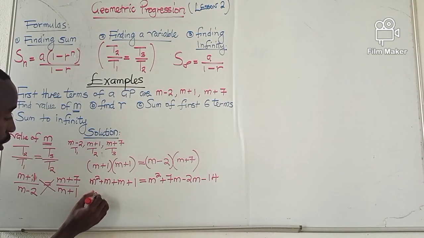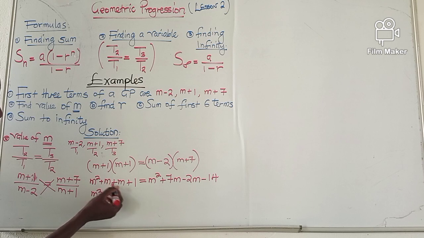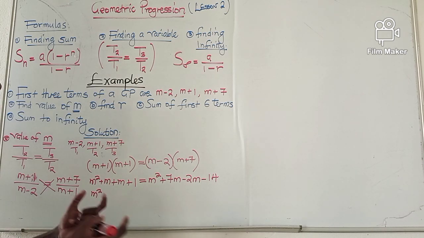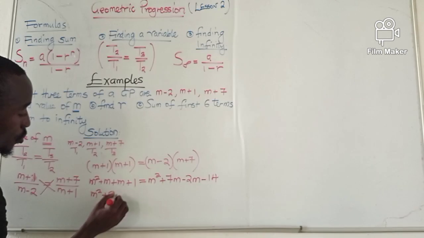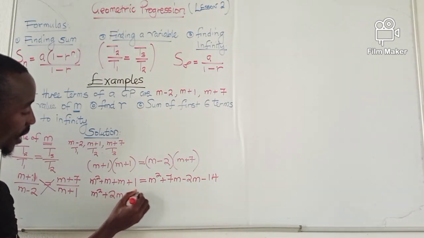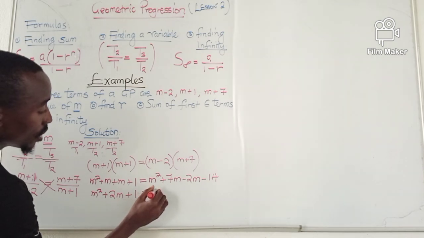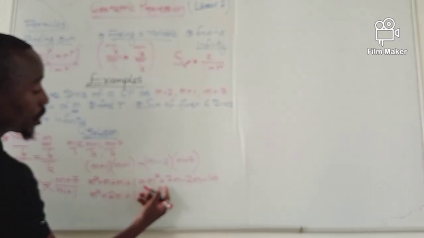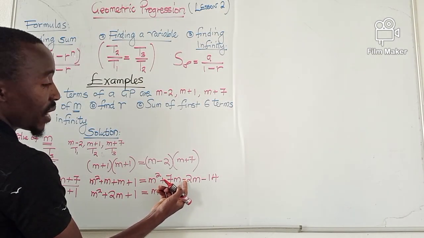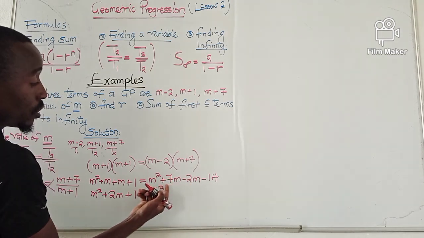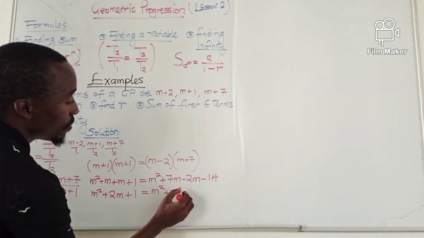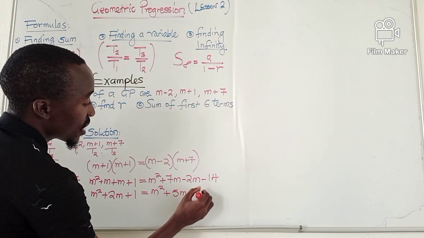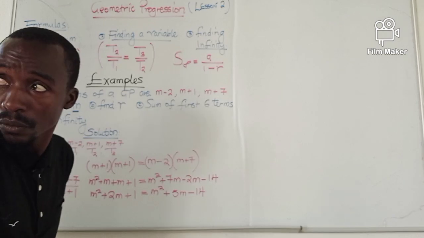So this will be m squared, m plus m is the same as 1 plus 1, so this gives us plus 2m plus 1 equal to m squared. Now, 7m minus 2m, so here we subtract, we have plus 5m minus 14.